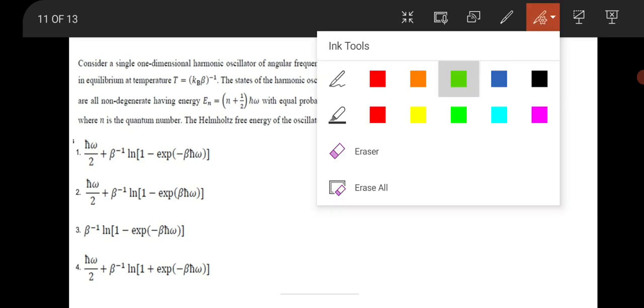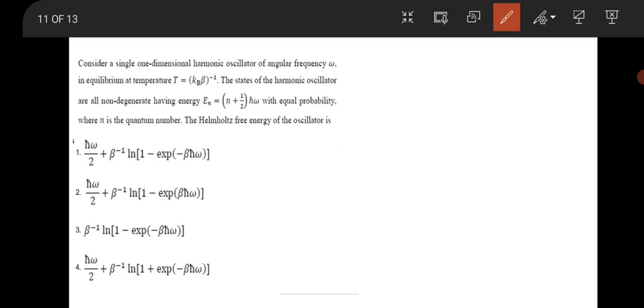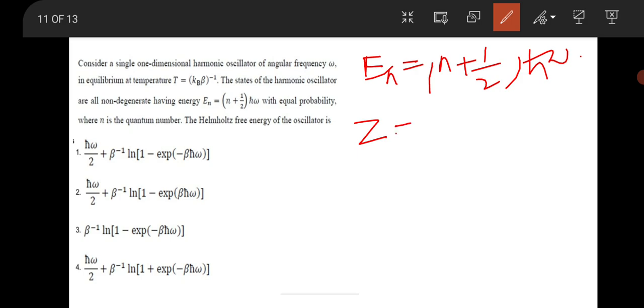So this is a very important question. As you know, from the quantum harmonic oscillator, the energy eigenvalue is nothing but (n plus 1/2) h-bar omega. The canonical partition function is the summation, and since the states are non-degenerate, do not take gi, so it is e to the power minus beta Ei.